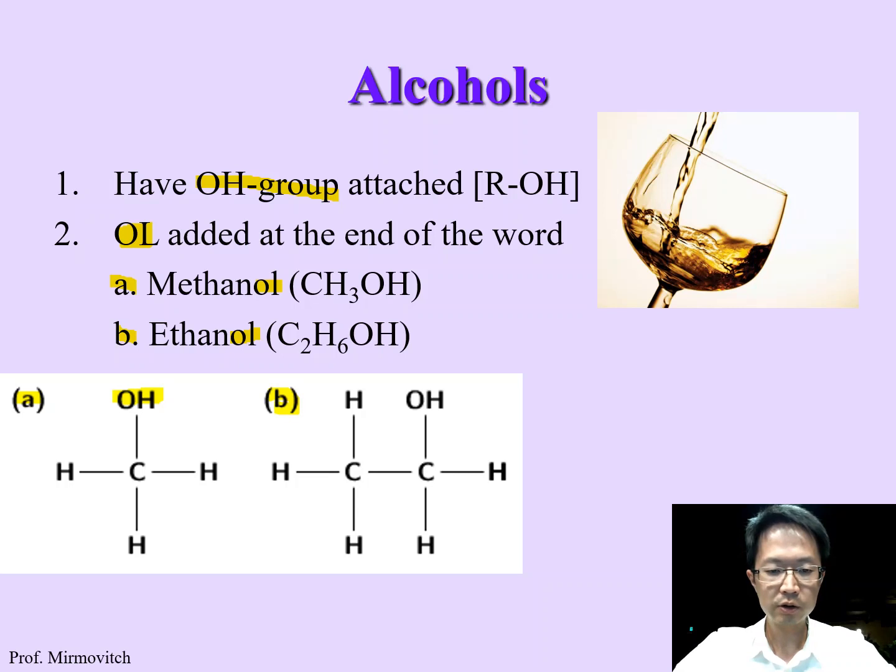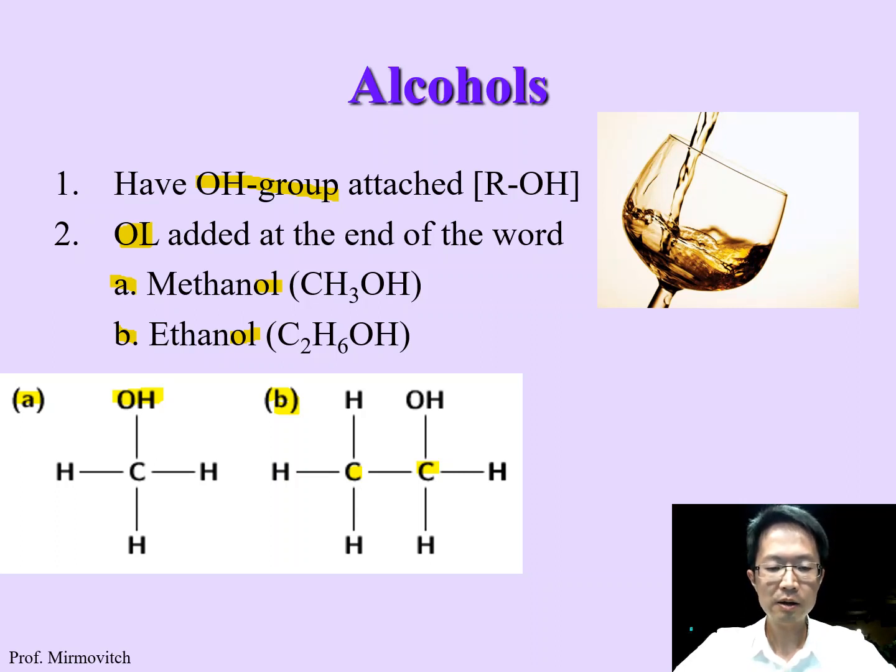Ethanol, as you can see, has 2 carbons here. So it follows the same nomenclature, or naming system, as we learned about hydrocarbons. 1 carbon is METH, 2 carbon is ETH.